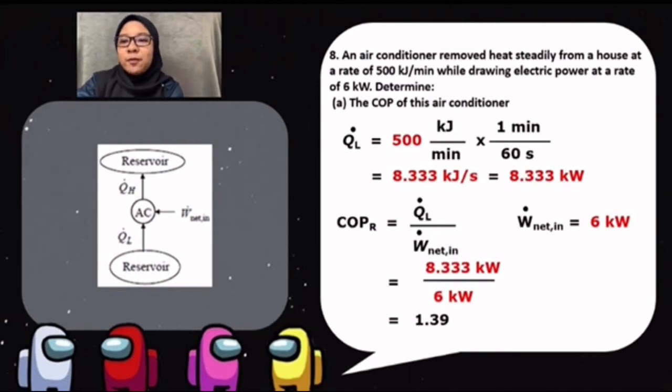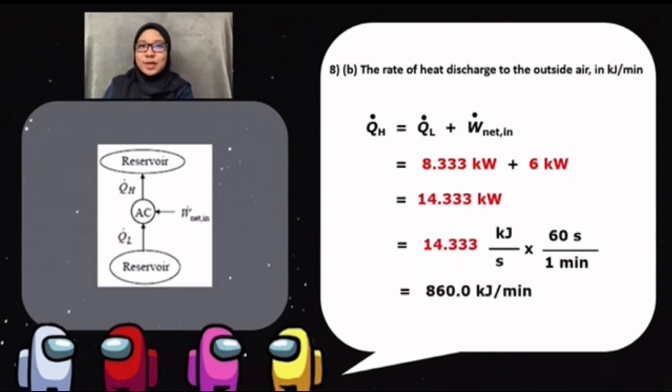Then we can find the COP using the formula COP equals Q dot L over W dot in, and we insert the info back. 8.333 kilowatt over 6 kilowatt, and we got the COP equals 1.39.